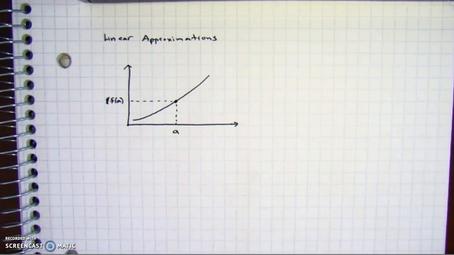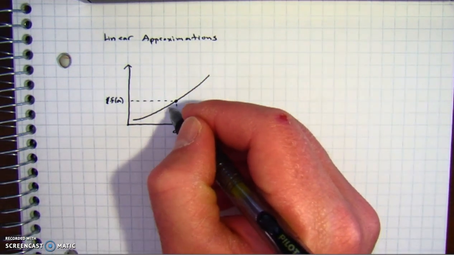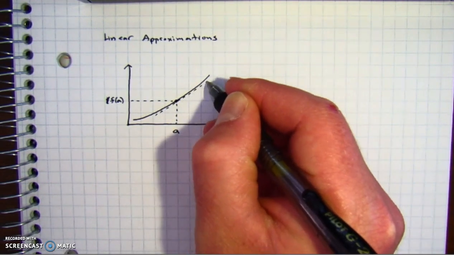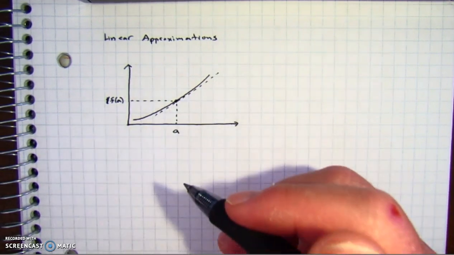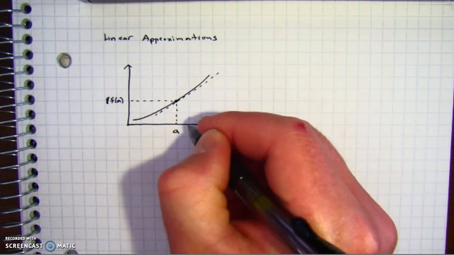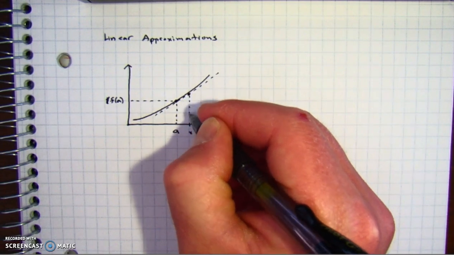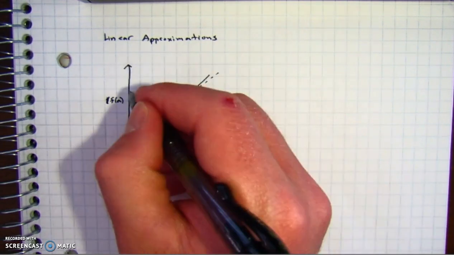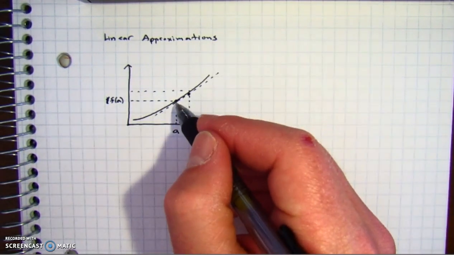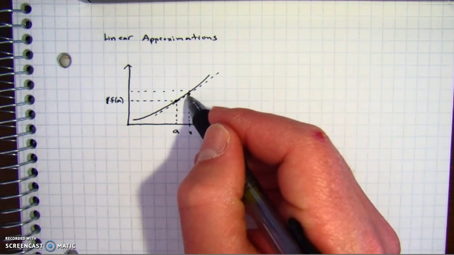All right, so now what a linear approximation says is, if we take the rate of change, the instantaneous rate of change, or the derivative, right at point A, then we can approximate some other point on the line. We'll call it X. X will be right there. We can approximate X by saying, we're going to take the function at A, and then we're going to multiply this slope by the difference.